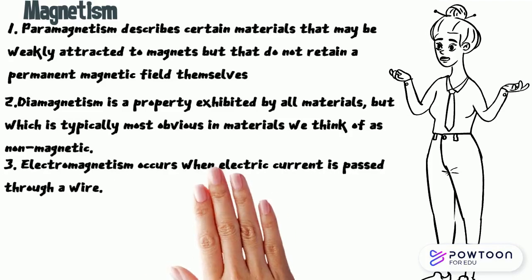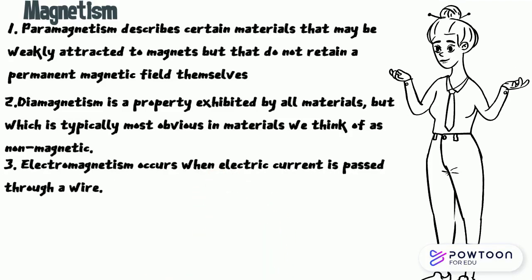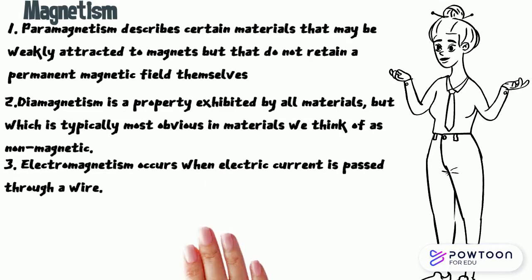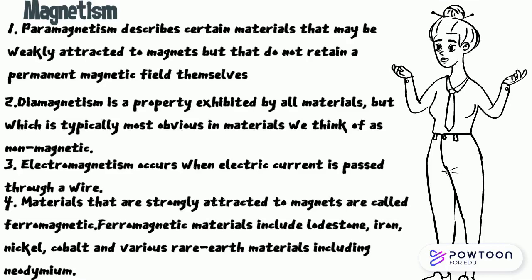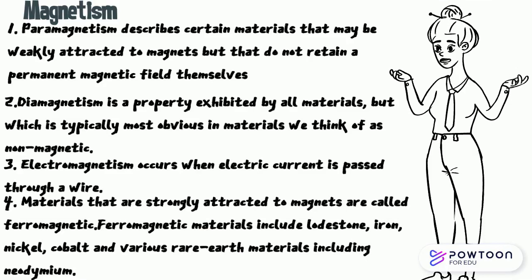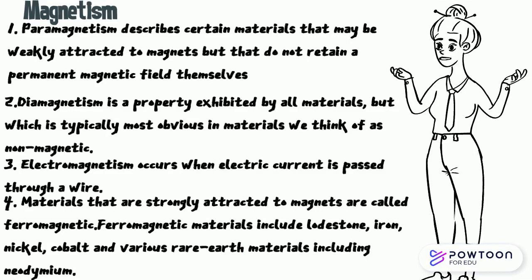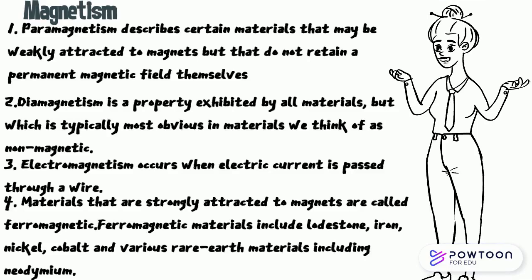Third, electromagnetism occurs when an electric current is passed through a wire. And fourth, materials that are strongly attracted to magnets are called ferromagnetic. Ferromagnetic materials include lodestone, iron, nickel, cobalt, and various rare earth materials including neodymium.